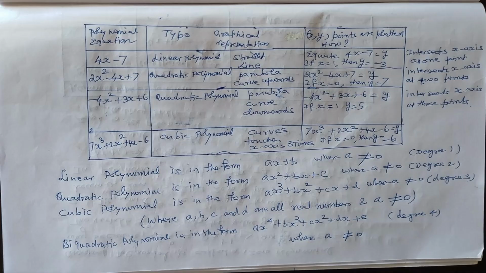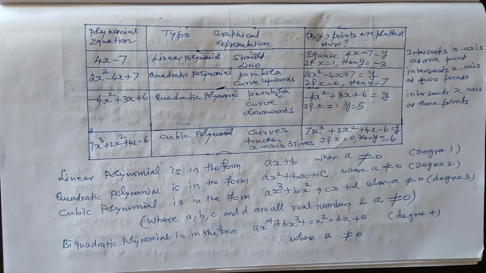If you give the value of x equal to 0, then y becomes 7. So like that you plot more points and join the curve. Minus 4x squared plus 3x plus 6 is a quadratic polynomial where the parabola curves downwards. Minus 4x squared plus 3x plus 6 is equal to y. If x is equal to 1 here, then y is equal to 5.